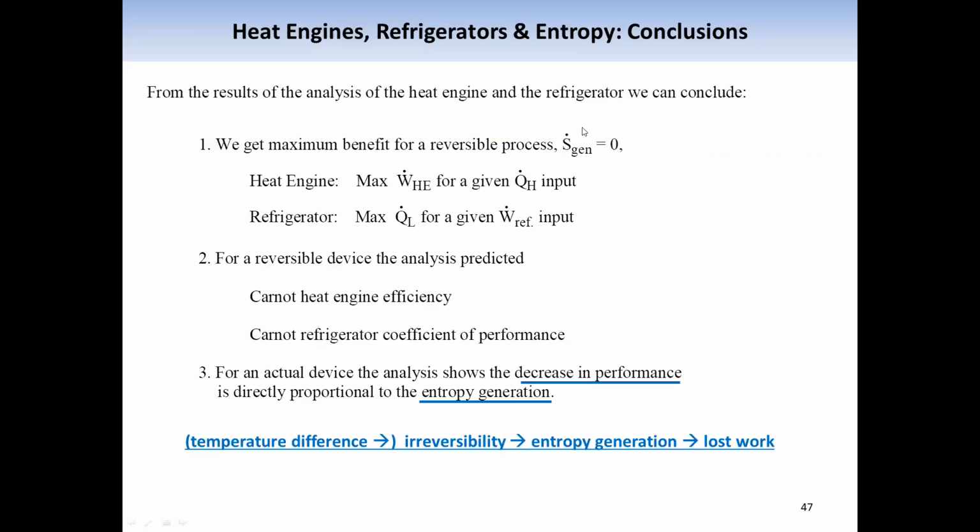The higher the irreversibility, the higher the entropy generation. Therefore, for a heat engine, the highest possible work can be performed by a heat engine with very low entropy generation.